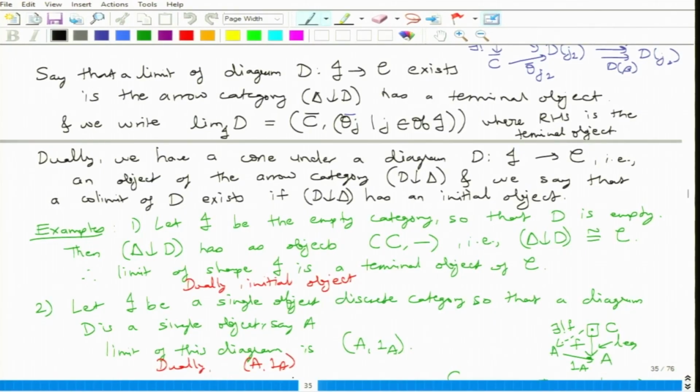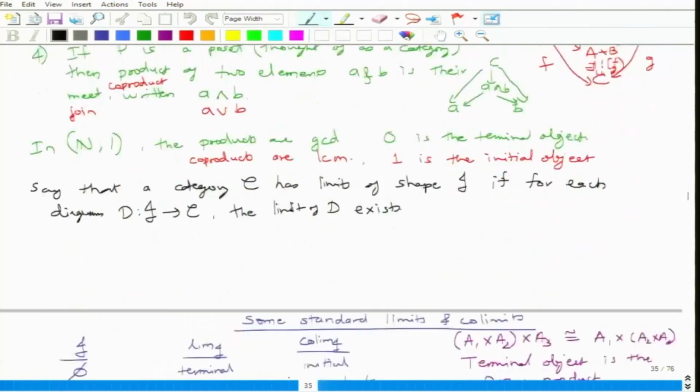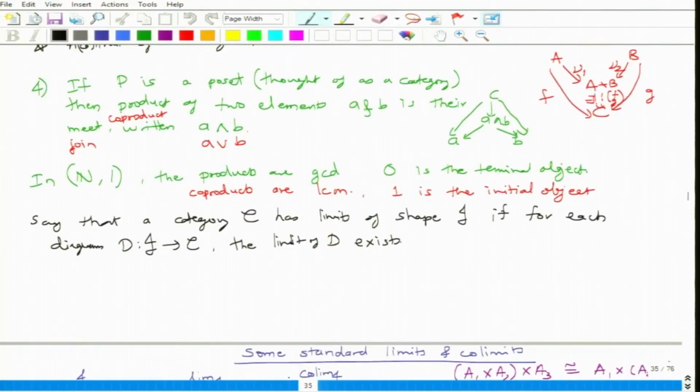So, eventually we said that a category C has limits of shape J if for each diagram D, the limit of D exists, which means for each diagram D, the terminal object of an appropriate arrow category exists.